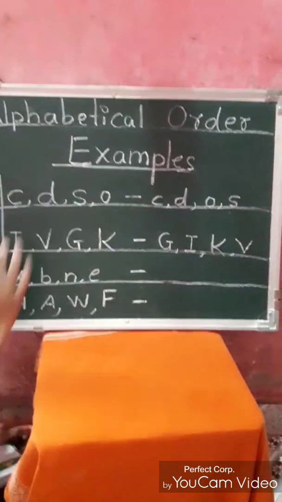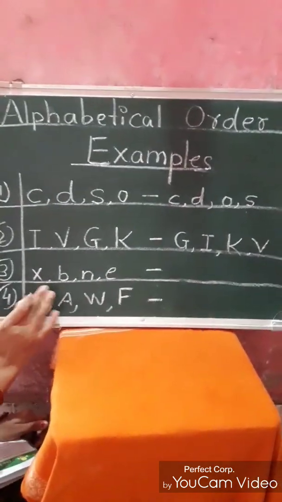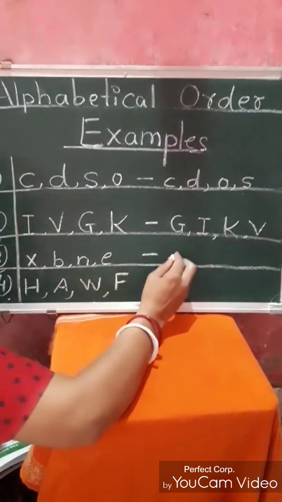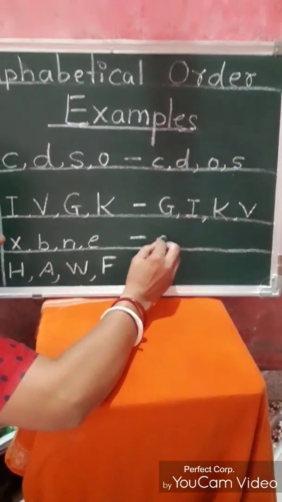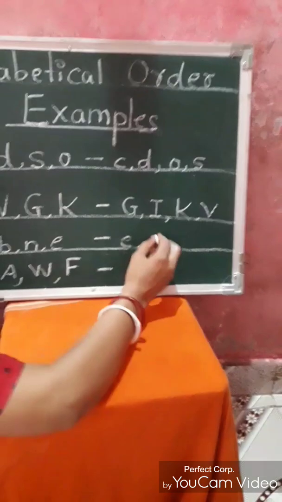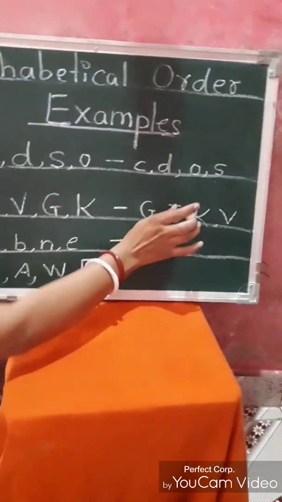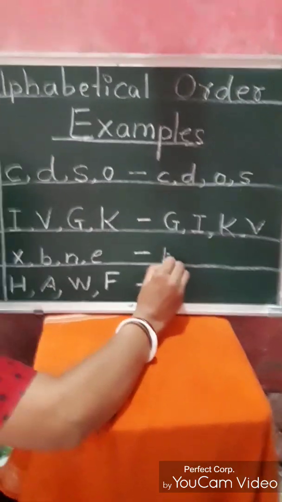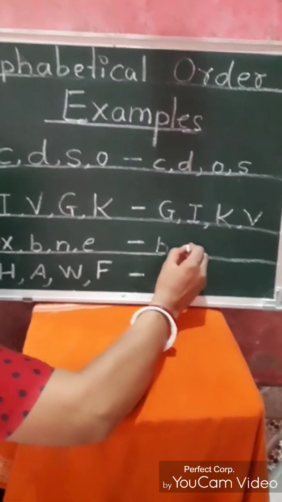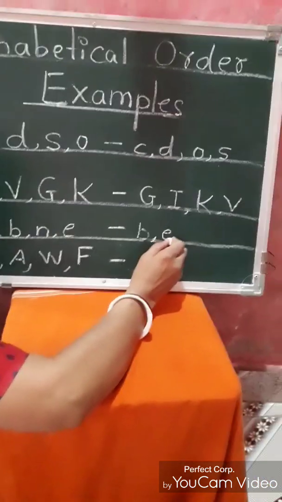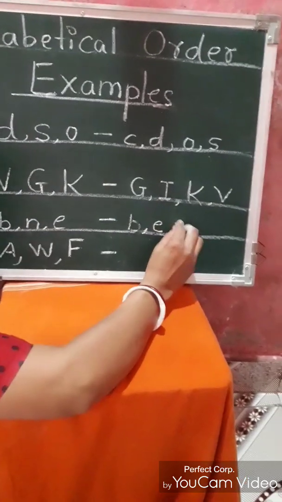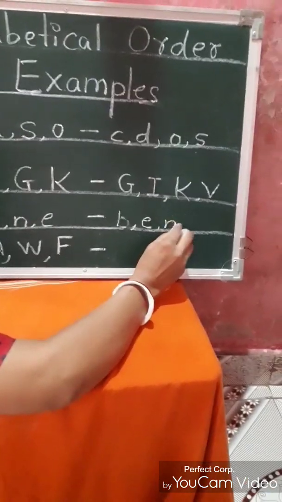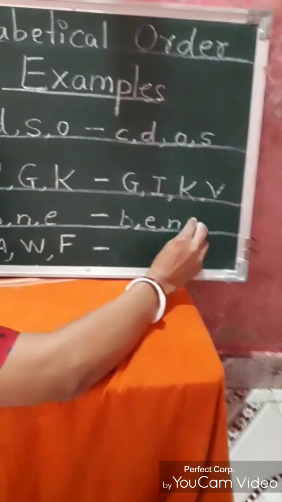Okay, look at the number 3 letters. Among these letters, a small e will come first, after small b, then after small b, small e, small e after small n, and small n after small x.